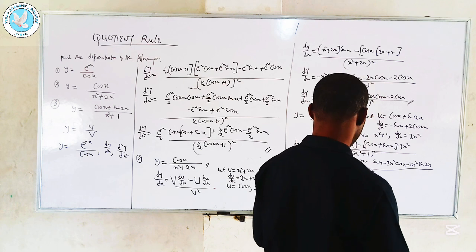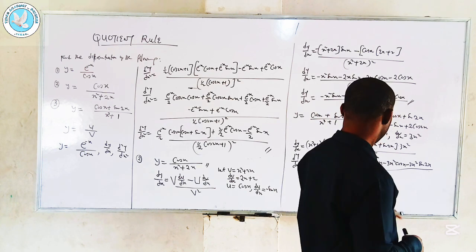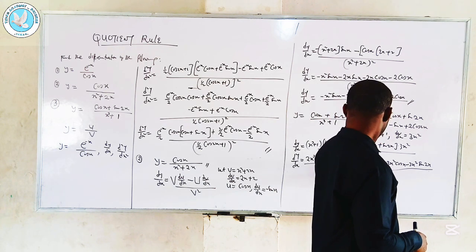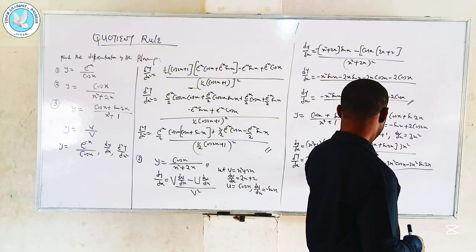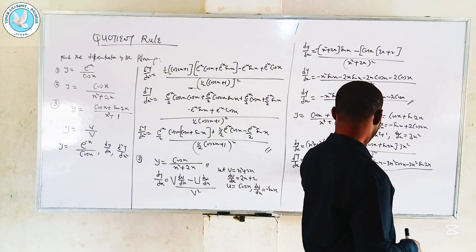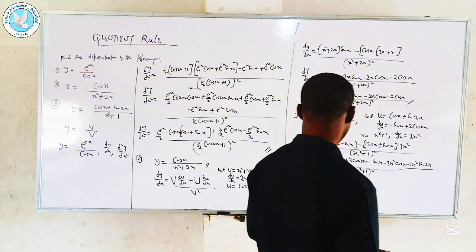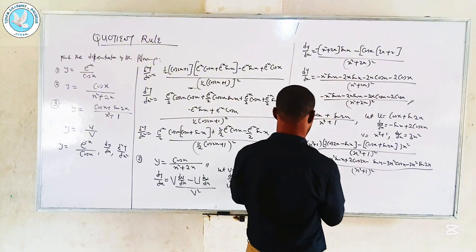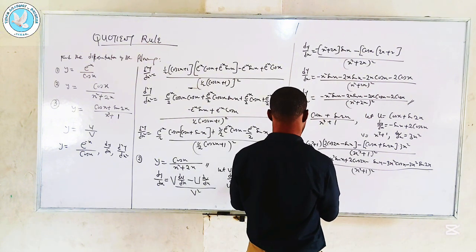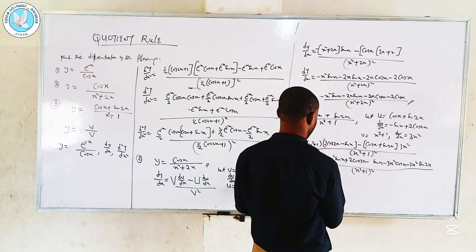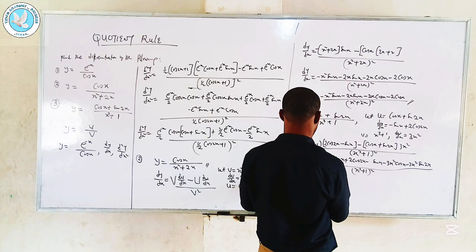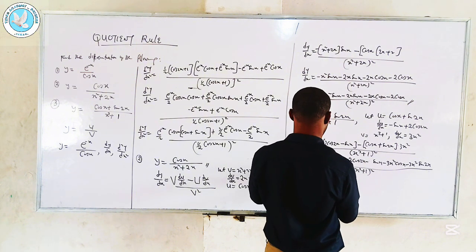So we have sine x, and we also have sin x. We have cos 2x. We also have cos x.